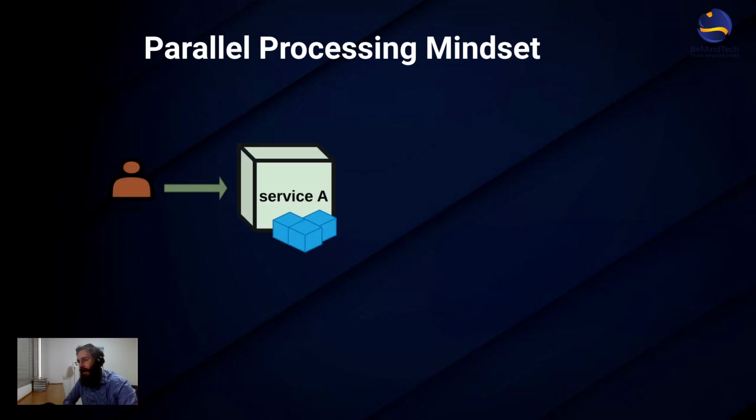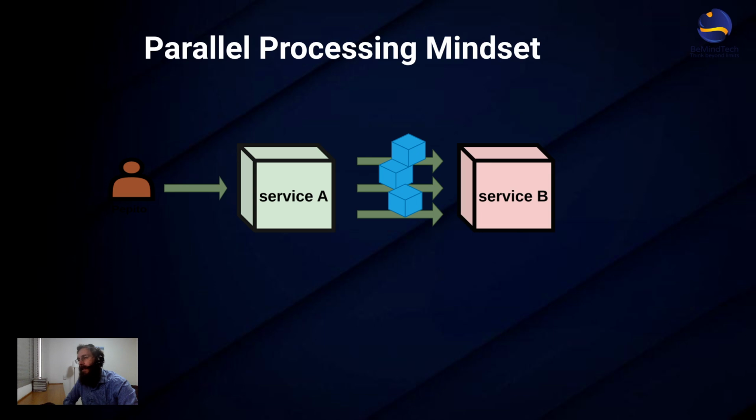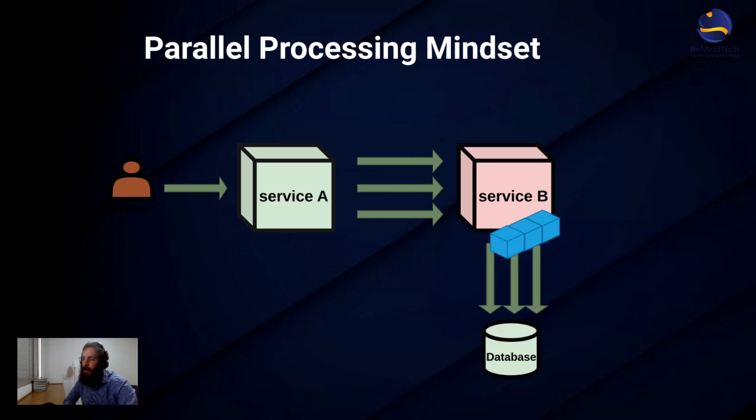In this case, the same as the last, a customer or a client or a caller sends a request to service A, and after that, in a parallel way, service A sends the three requests at a time to service B. Service B receives the three requests at a time and saves that data in the database, and after they process each request, service B responds to service A, and service A responds to the customer that the operation was successful.